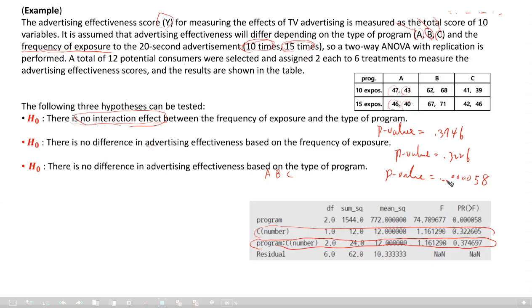Then we would like to know which program has a different effect from the others. Okay, A is very different from B and C, or A and B are different from C, something like that. That is called multiple comparison or range test.